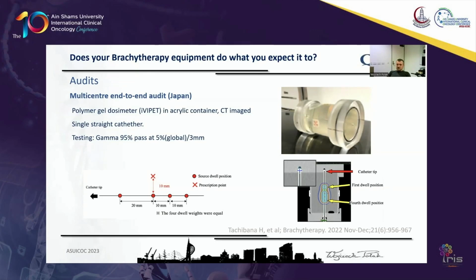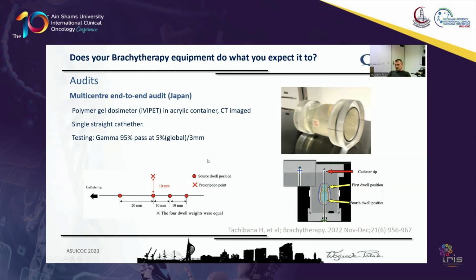The plan was simple, just 4 source positions, 20 millimeters from the applicator tip, and then 20, 10 and 10 millimeter source positions, with a 10 millimeter prescription point, which is supposed to give this kind of dose distribution.